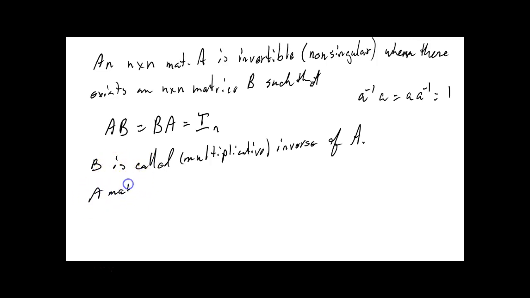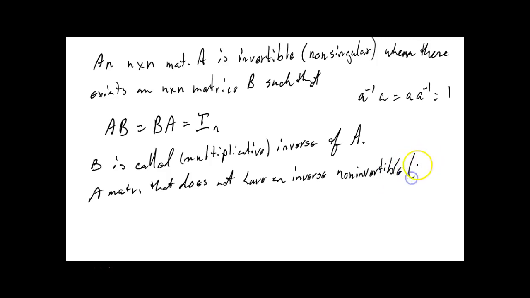A matrix that does not have an inverse, and there are plenty of square matrices that don't, is said to be non-invertible or guess what the other word is? Singular. Okay?